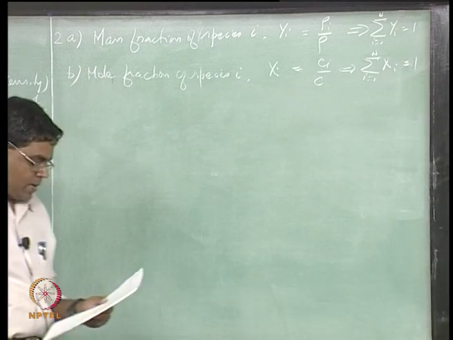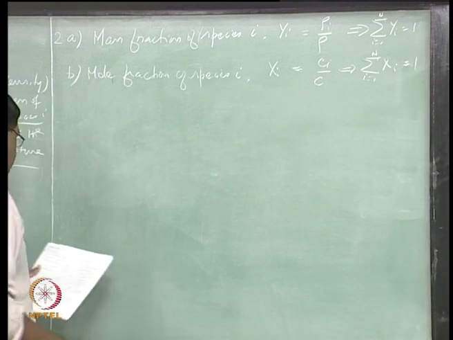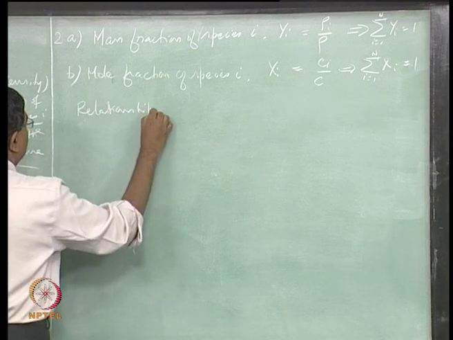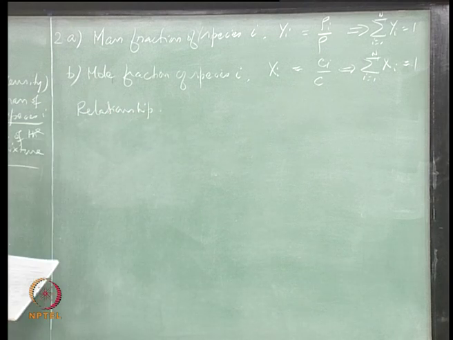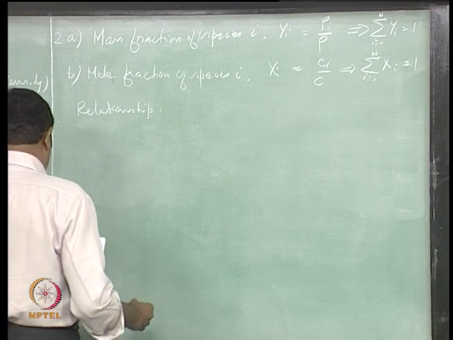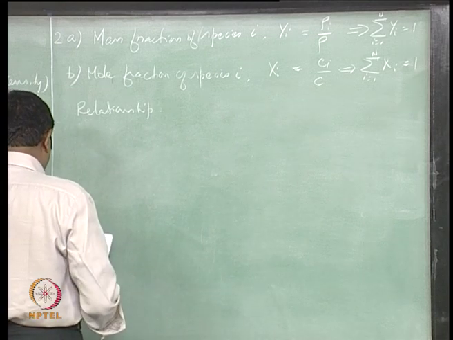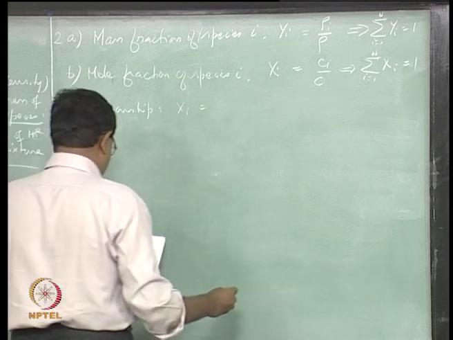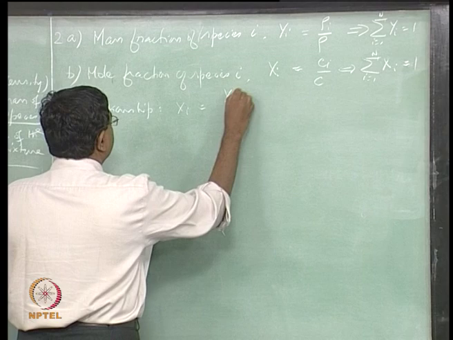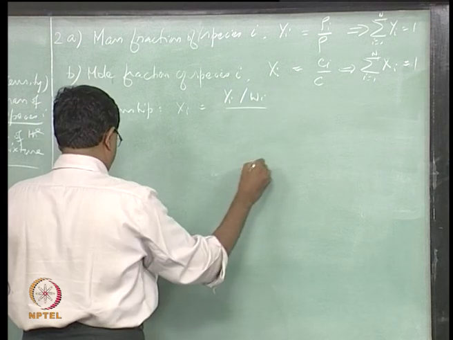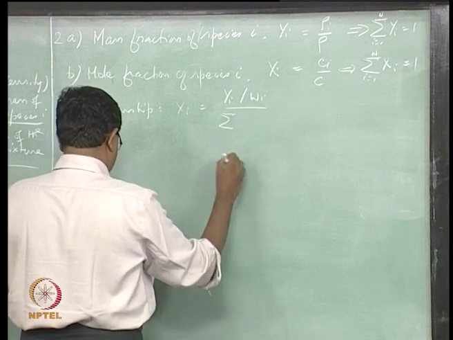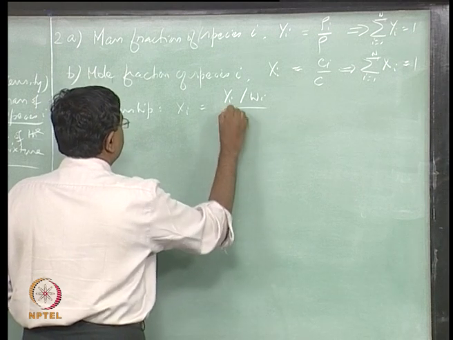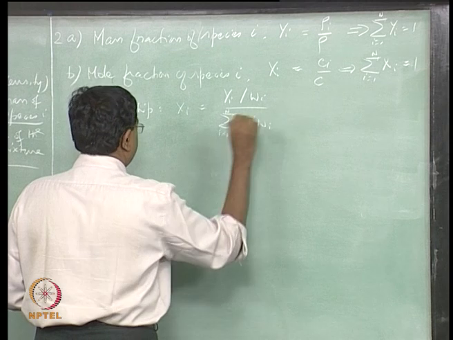right? One more, and then what's the relationship? The relationship is Xi equal to Yi divided by Wi, divided by sigma I equals 1 to n Yi divided by Wi.